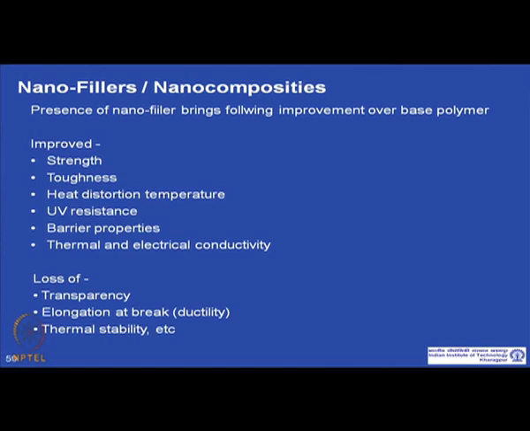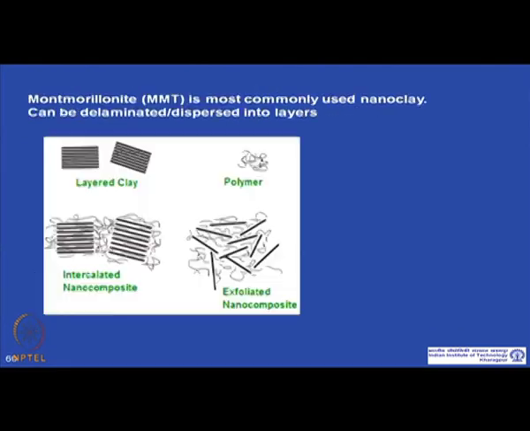The ductility also comes down along with an increase in the modulus by these nanofillers, and thermal stability may sometimes also be questionable, because this might bring some impurities along with these fillers. So, that might cause some questions about the thermal stability of this polymer, especially at high temperature or during the processing condition.